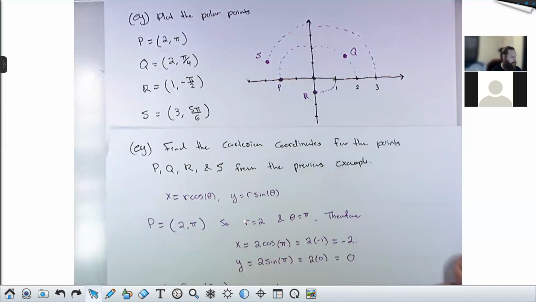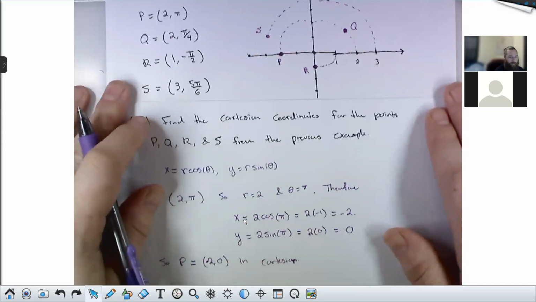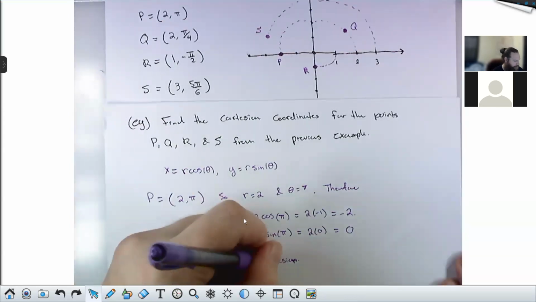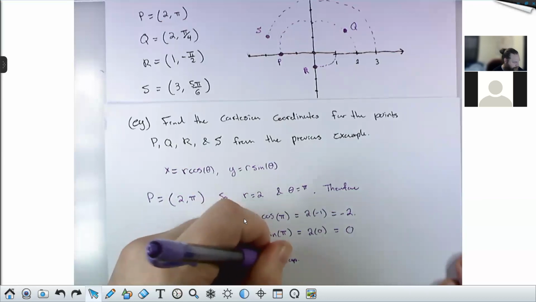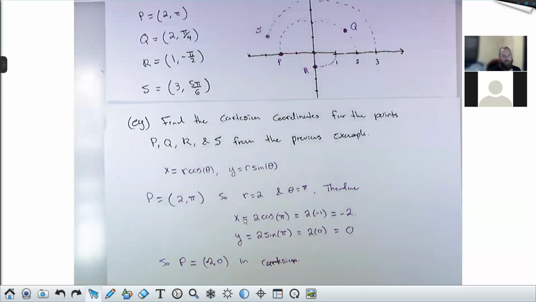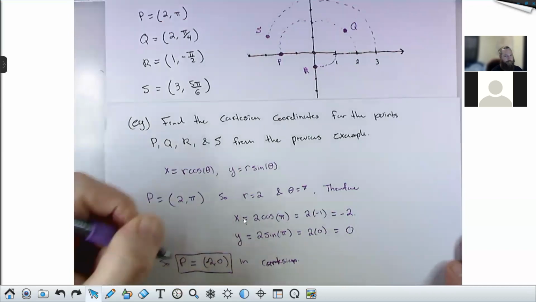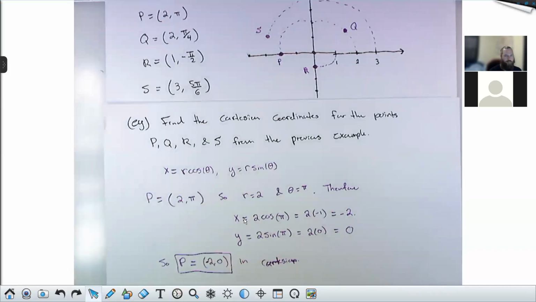In Cartesian coordinates. Okay, let's do the others. This is our answer for the first part, (-2, 0).